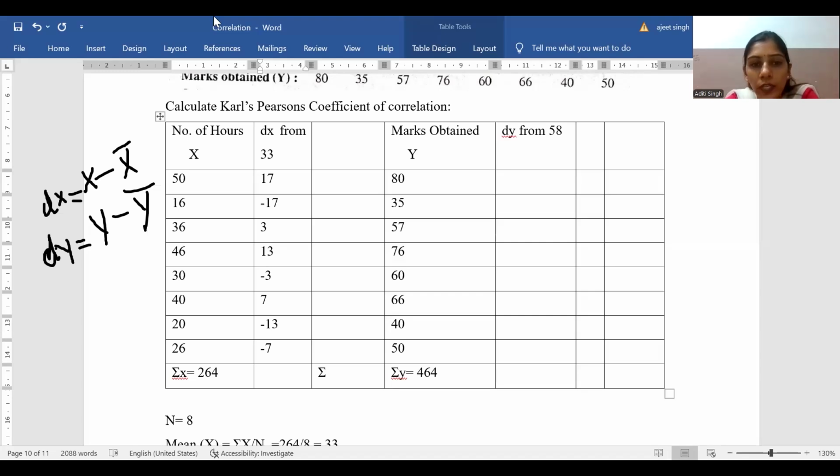This is how we calculate the value of dx with the help of mean.